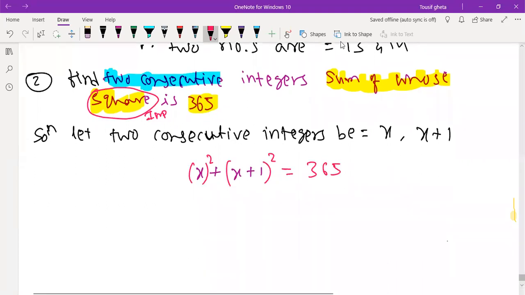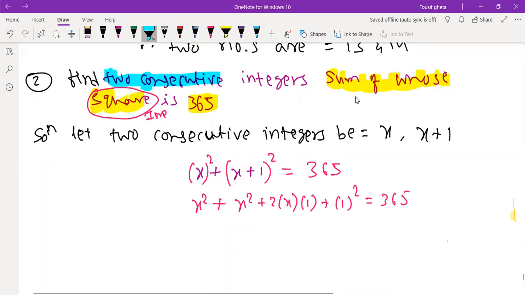If you get this one, the rest is very normal. So x square plus (x plus 1) square, now here apply the (a plus b) whole square formula, a square plus 2ab plus b square, is equal to 365.